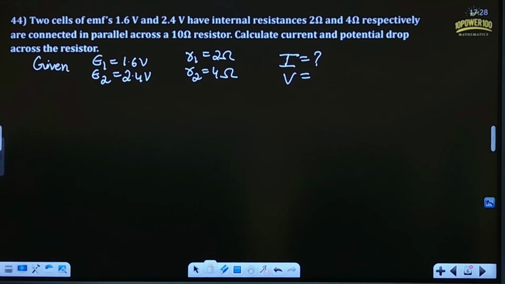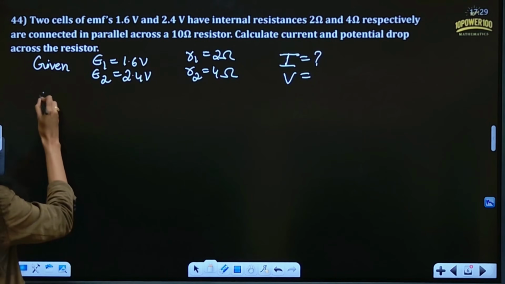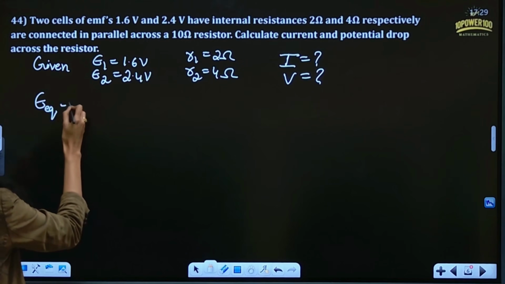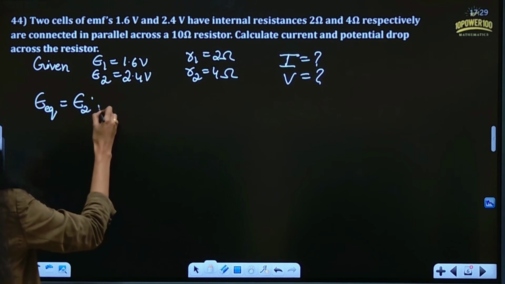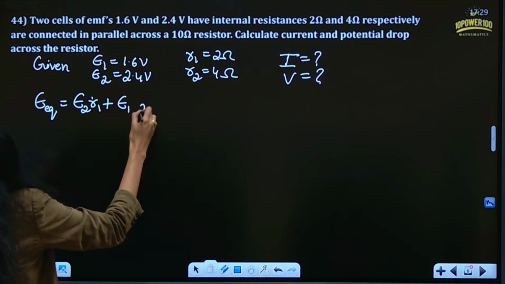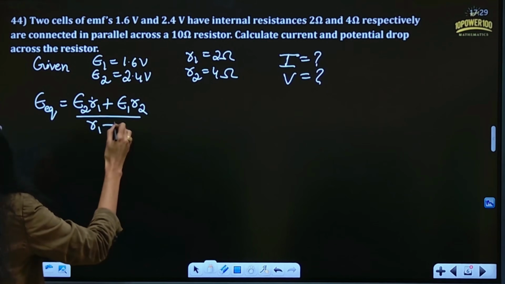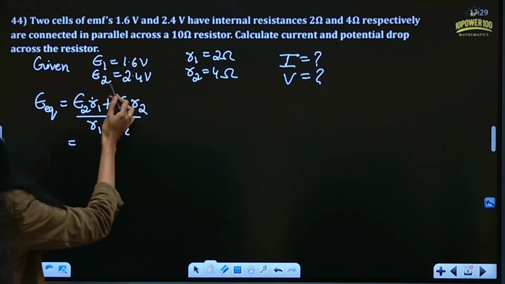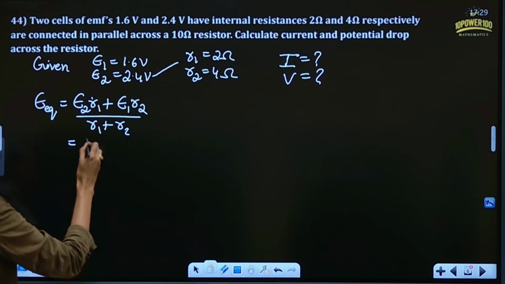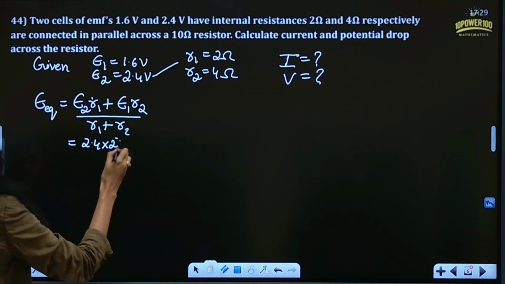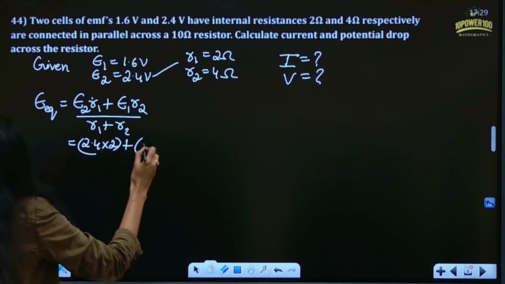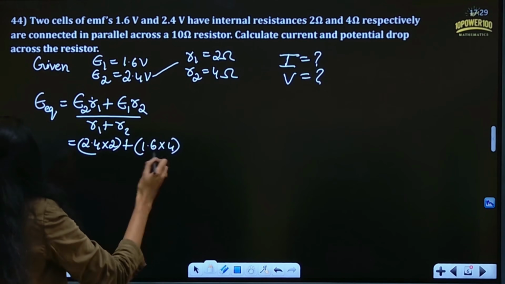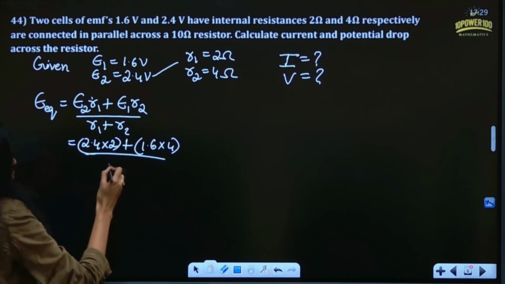First let us find the equivalent EMF in parallel and the equivalent internal resistance in parallel. We have a formula: equivalent EMF is E2 R1 plus E1 R2 divided by R1 plus R2. Substituting, 2.4 times 2 plus 1.6 into 4, divided by 4 plus 2.